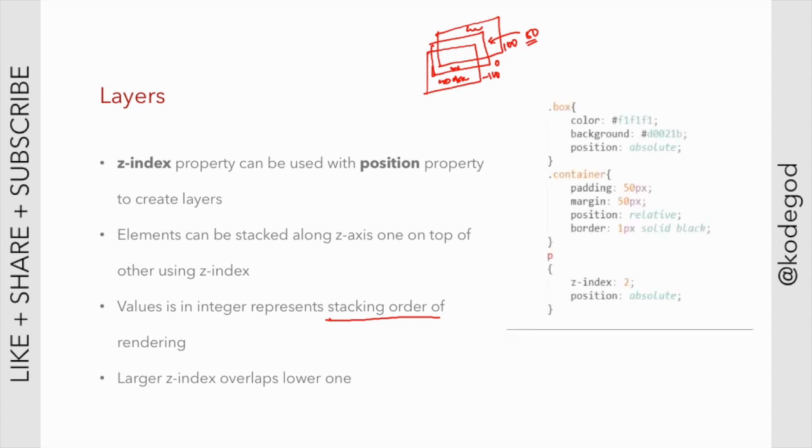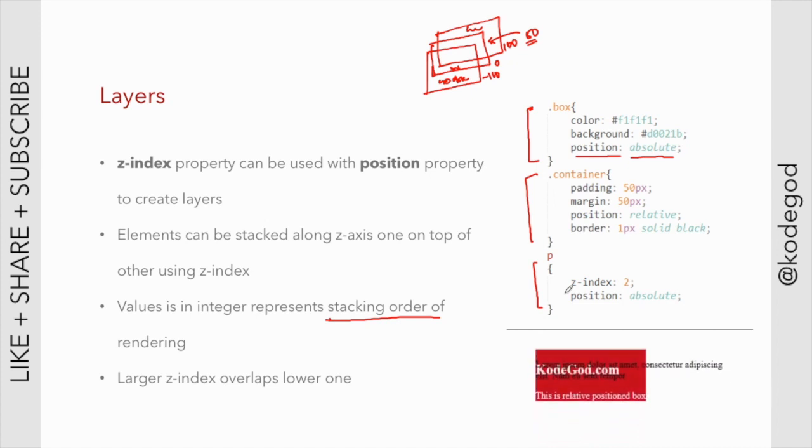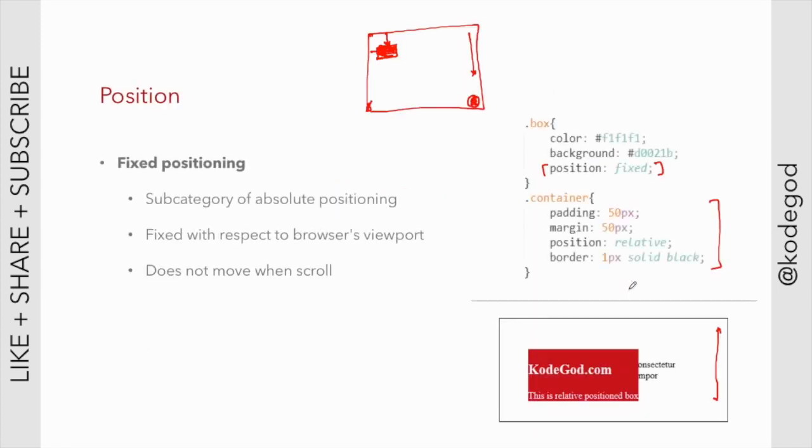So let us take one example for this. This is a similar example to the one we have seen earlier. We have this container body and this other box inside this container, and you notice that to this box I have specified position as absolute. Then we have one p tag, which was the text that was getting displayed in the previous examples. To that layer I am specifying z-index as 2. In the previous example, the text was behind the box.